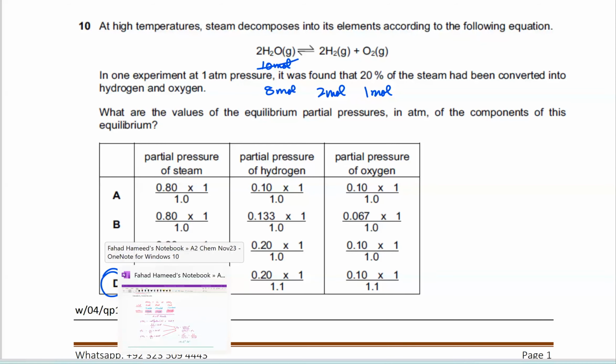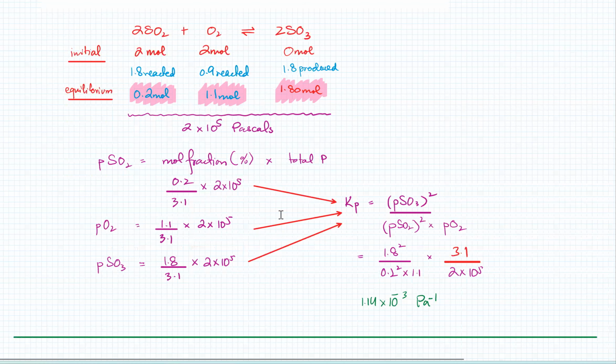Okay. So in addition to that, remember one thing: both Kp and Kc, if they don't have any units, in that case, you don't even need to do the whole working. Because just say 2 times 10 power 5 almost got cancelled out, right? The reason it did not get cancelled out was because the denominator terms were greater in number.